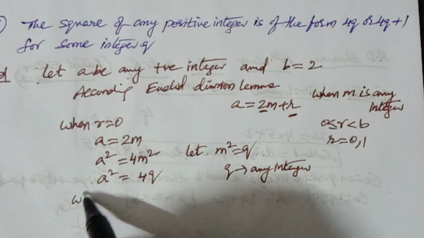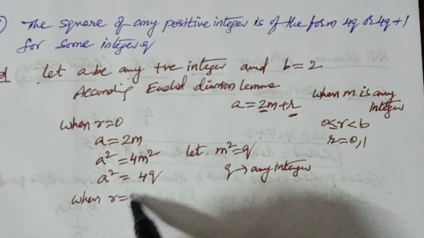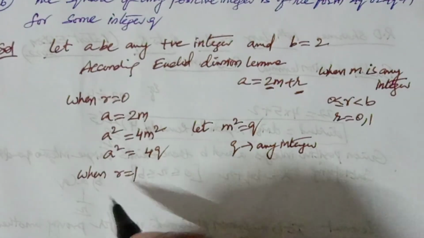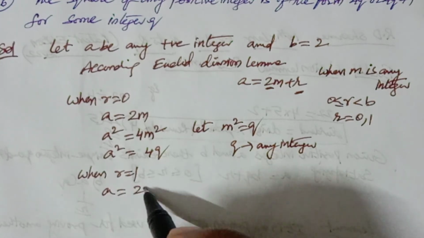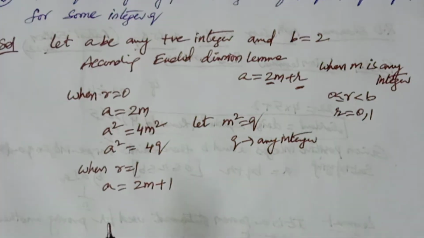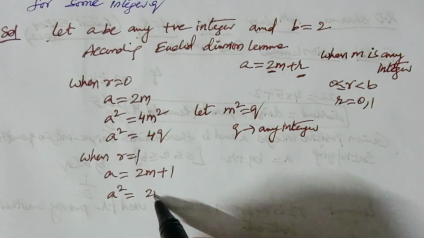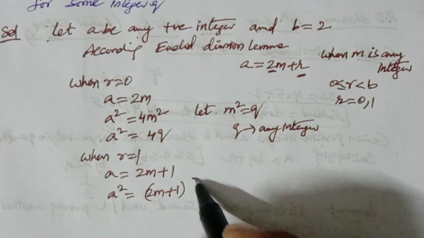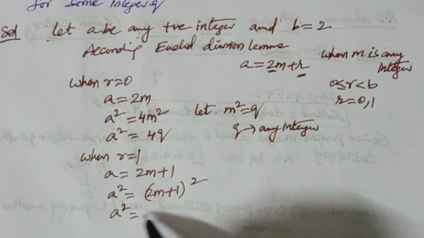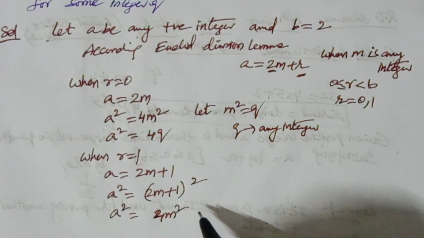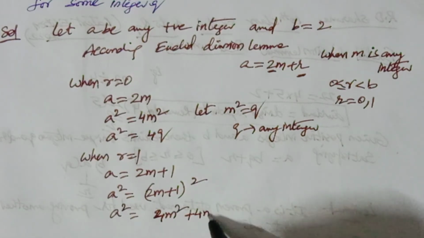Now when r is equal to 1, then a is 2m plus 1. Squaring on both sides, 2m plus 1 whole square, a square is equal to 4m square plus 4m plus 1.